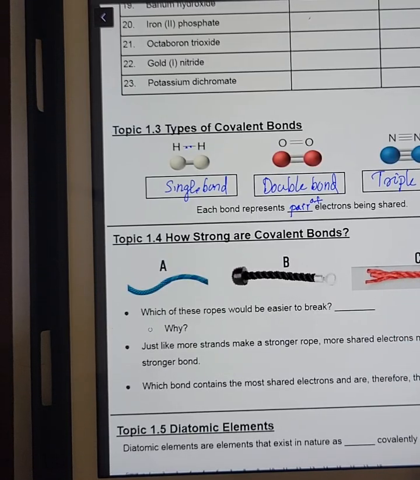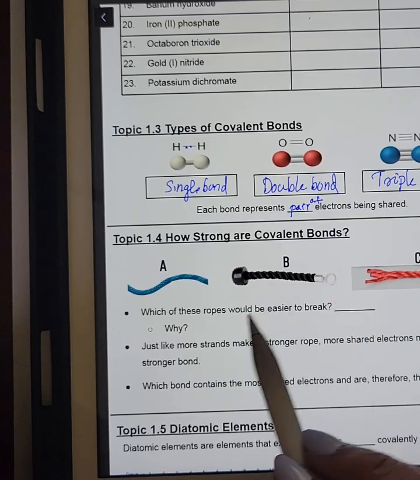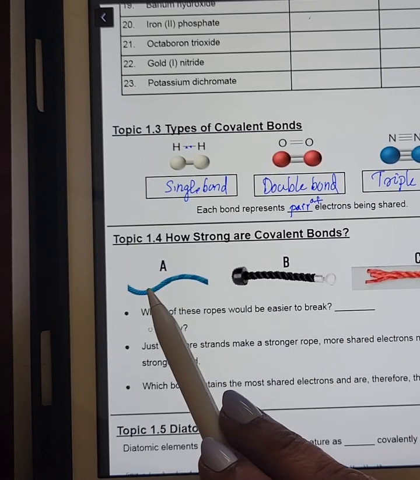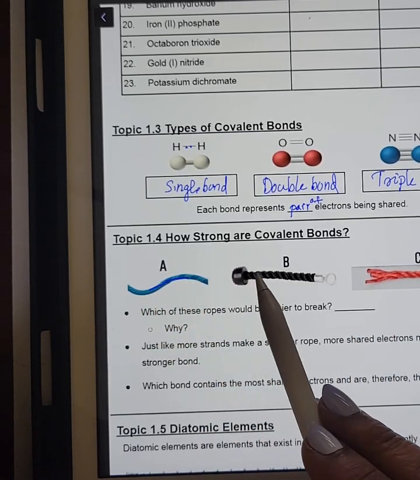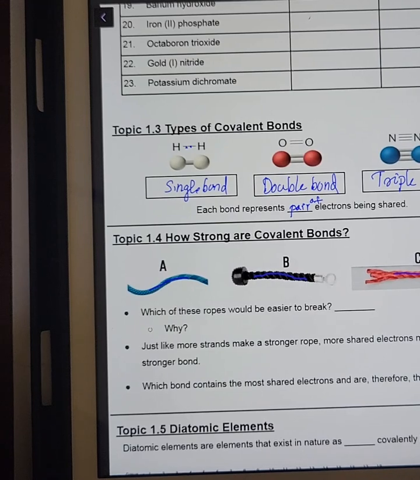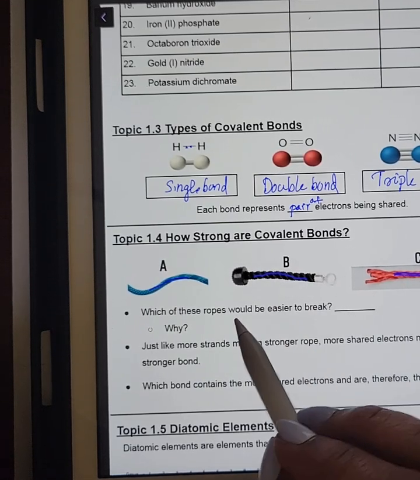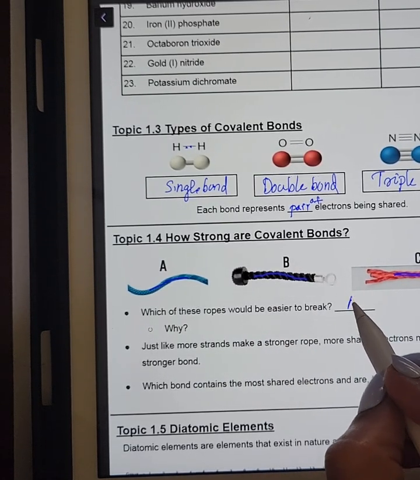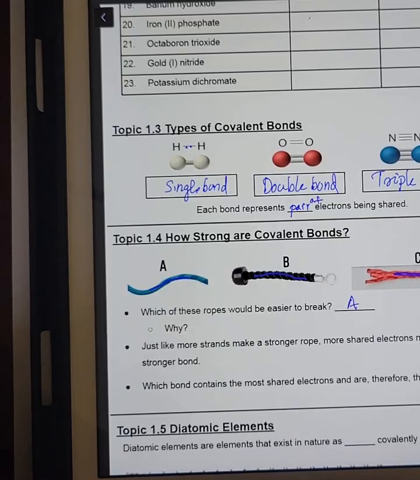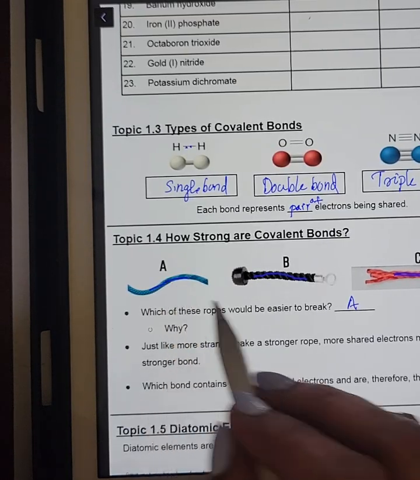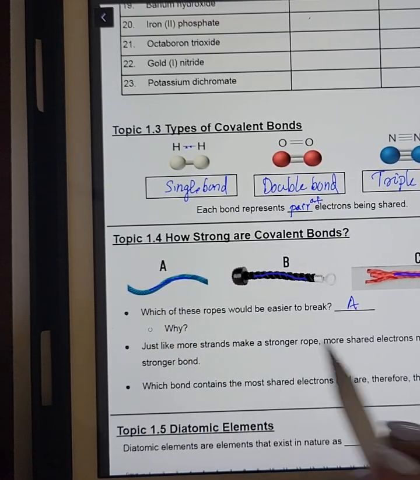Okay, so question, based on the strength, which will be the stronger bond? Okay, look at this. This one has only 1, this one has 2, and this one has 3. So we know that which ropes would be easy to break. So A will be easy to break because of the number of layers there. Okay, I need to write why.